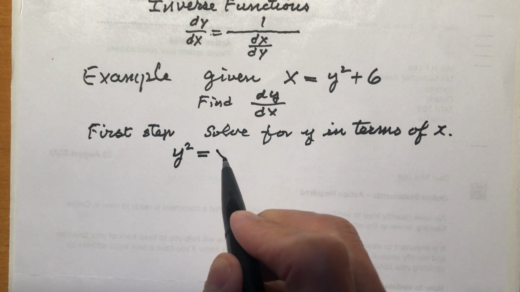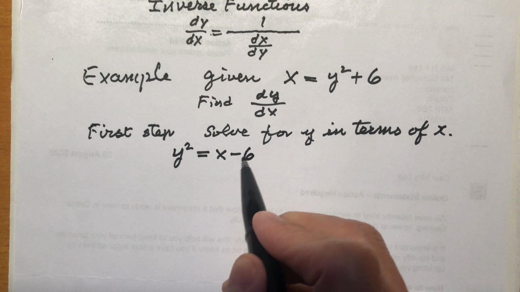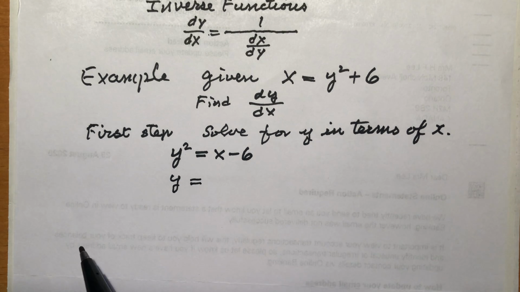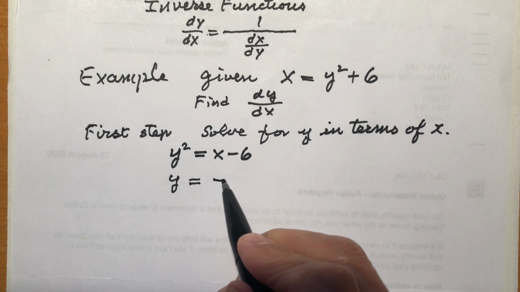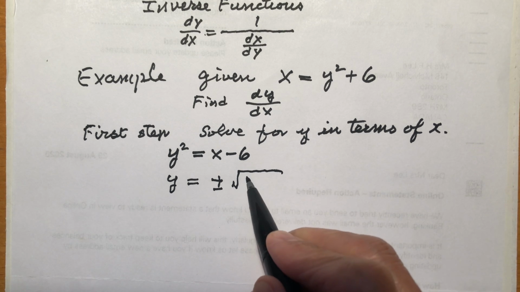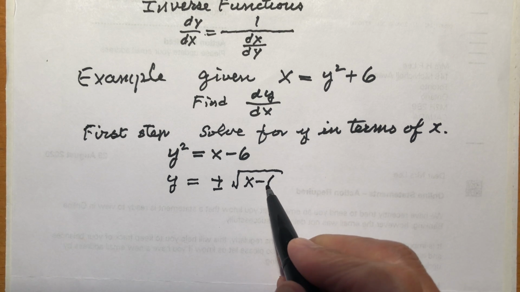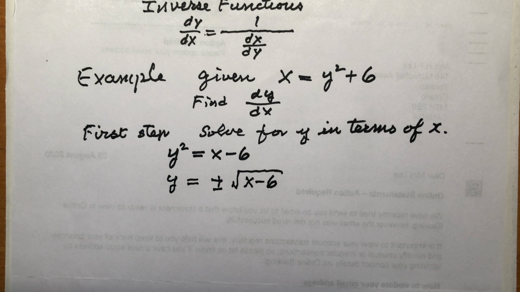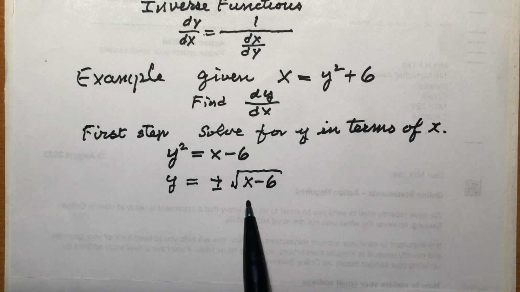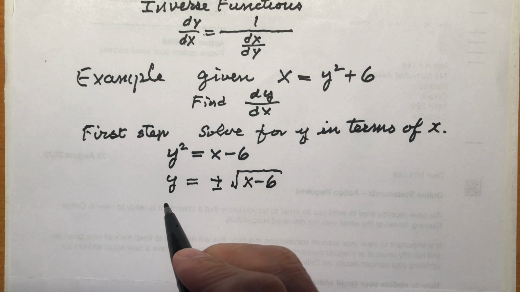Y squared is x minus 6. Then y is equal to plus minus the square root of x minus 6. Now we have a function y in terms of x, and we can do it in the usual way to find the derivative.